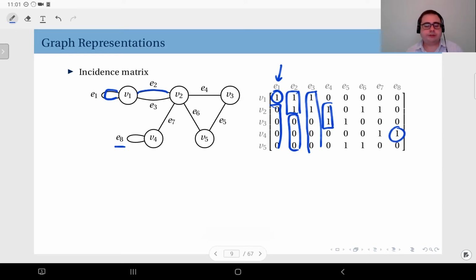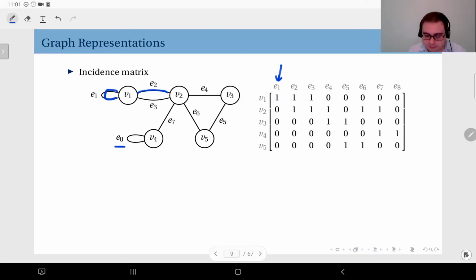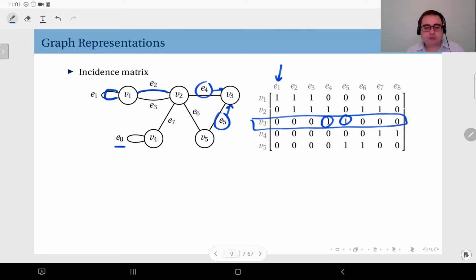Okay, so to summarize, on the rows, you represent vertices, and on the columns, you represent edges. For instance, if you look at the rows, take this one, for instance. This means V3 is adjacent to edge number 4 and edge number 5. As expected, I have E4 and E5 adjacent to vertex V3.